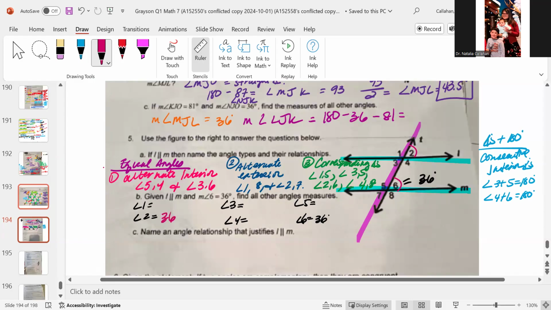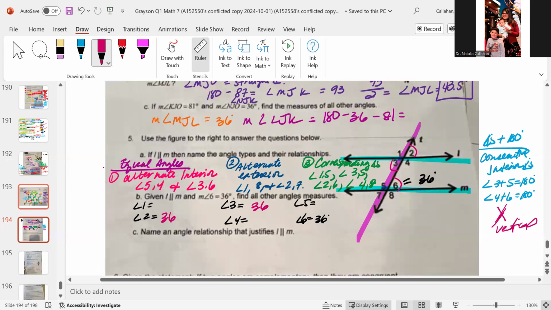Okay. 2 and 3 are what kind of angles? When we look for the axis, what do we call those? Good. They're equal, right? Vertical angles. So then you know that that's 36. Okay.